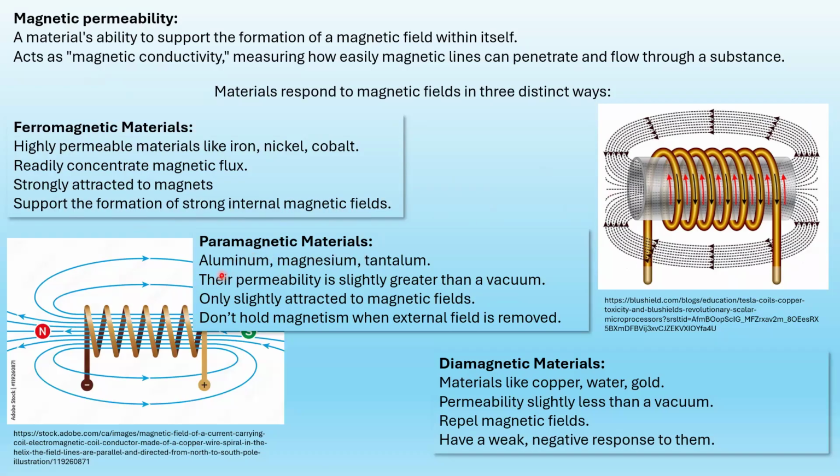Paramagnetic materials such as aluminum, or aluminium if you're in the UK, magnesium, tantalum, their permeability is slightly greater than the permeability of the vacuum. Only slightly attracted to magnetic fields. They do not hold magnetism when the external field is removed.